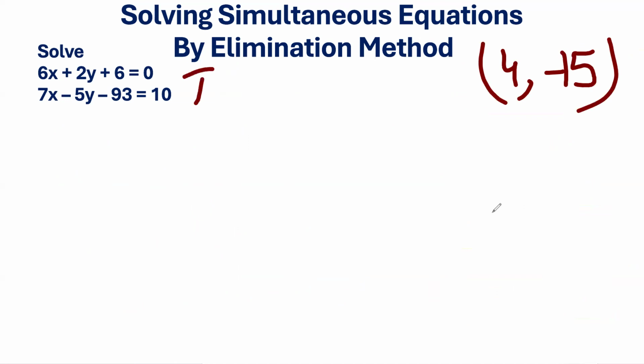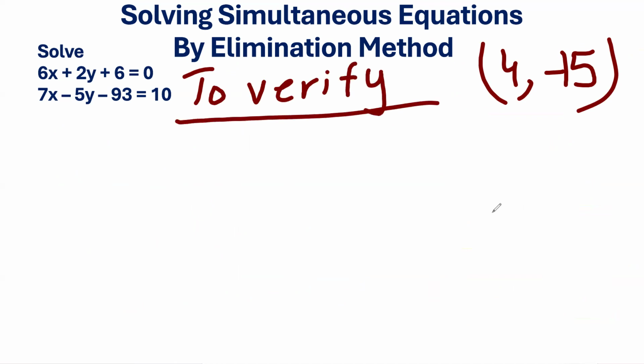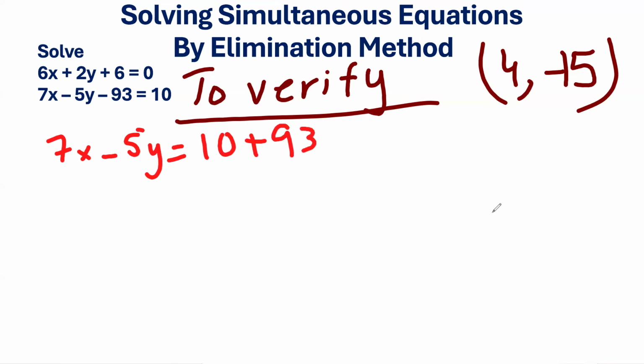To do verification, to check whether our answer is correct or not, let's keep it in equation number 1, or if you want to use equation number 2, we can use equation 2. It's a little hard, so let's use equation number 2. 7x minus 5y is equal to 10 plus 93. What is the value of x?